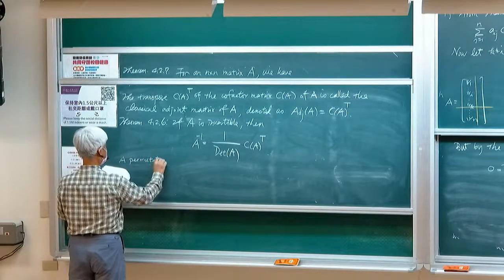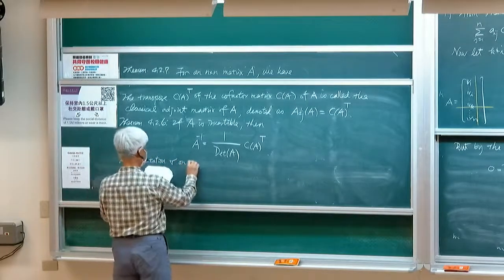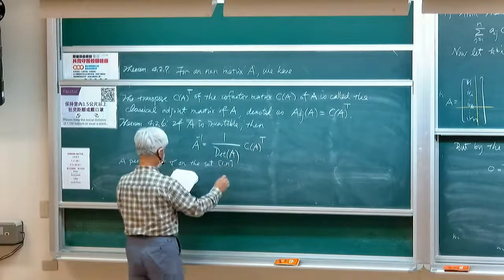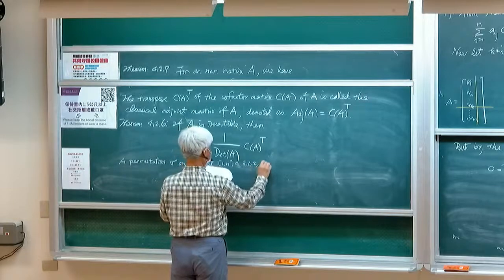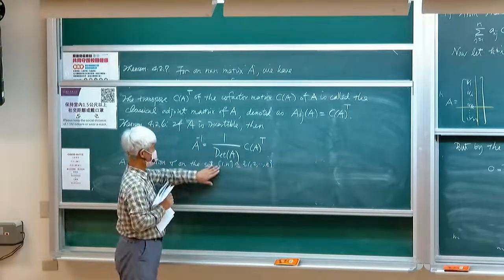Now, a permutation sigma on the set 1 to n, which is just the n positive integers, is a one-to-one function from 1 to n to 1 to n.